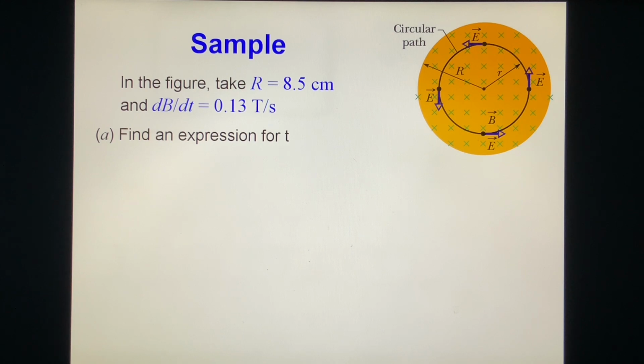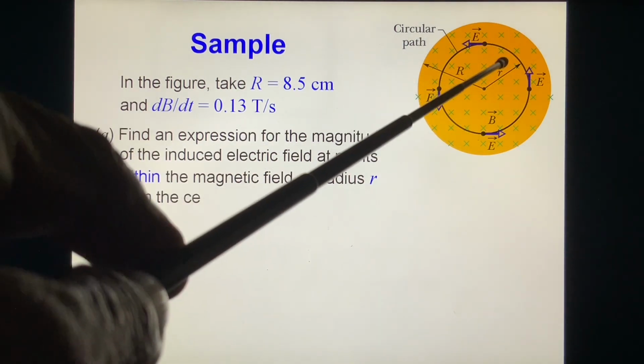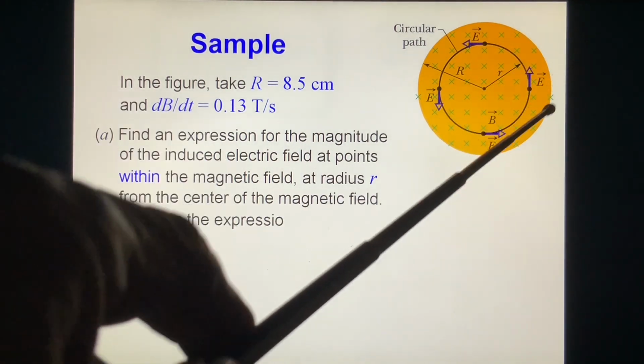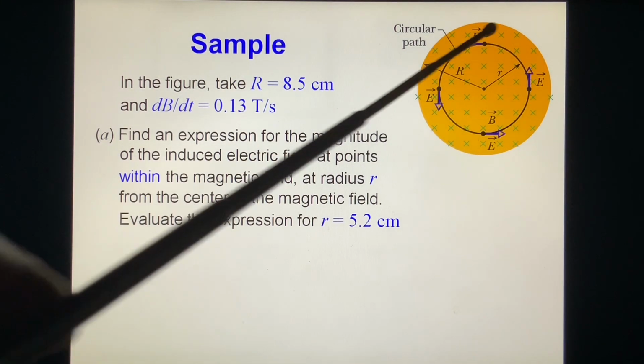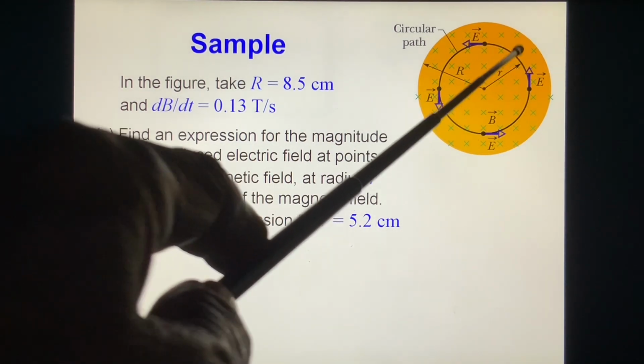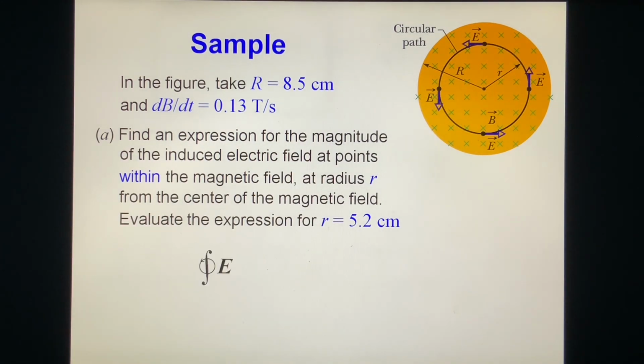Question A. Find an expression for the magnitude of the induced electric field at points within the magnetic field, at radius r from the center of the magnetic field. Evaluate the expression for r equal to 5.2 centimeters, where big R is 8.5 centimeters. This is inside the circle.